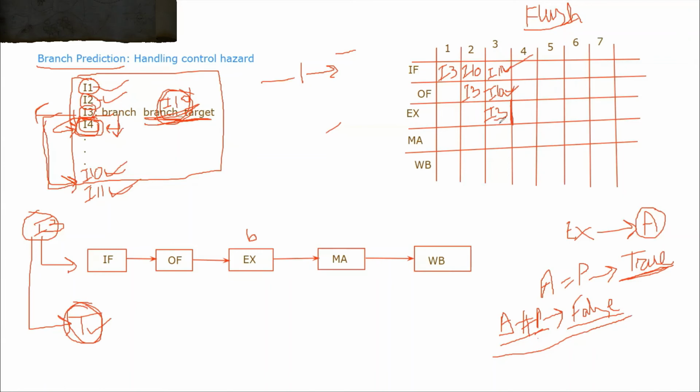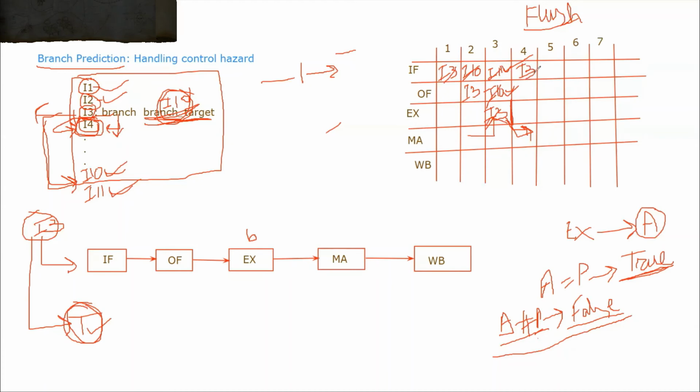I won't allow this instruction to go forward in the pipeline, but instead I will remove all the entries from the pipeline. So I will remove I3, I10, I11 and everything in the pipeline, and I will again start from I3. Okay, so in the fourth cycle I will start from I3.